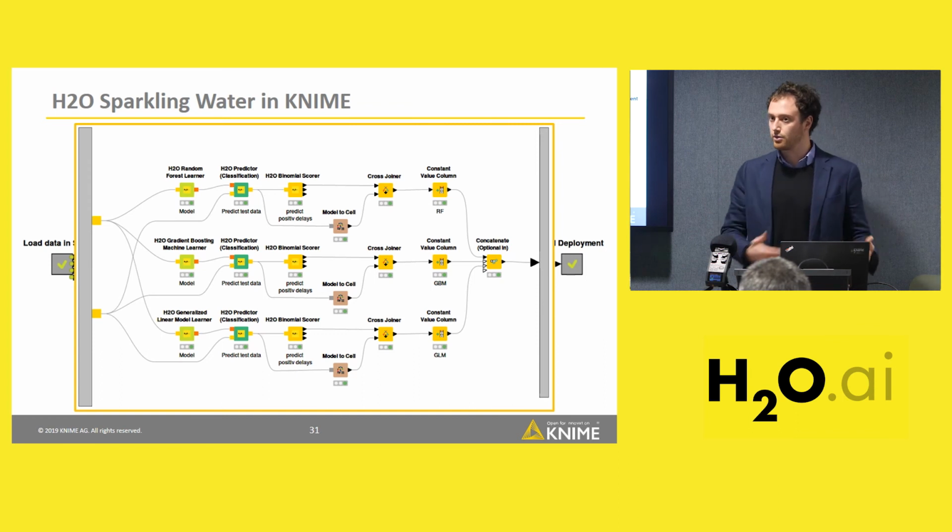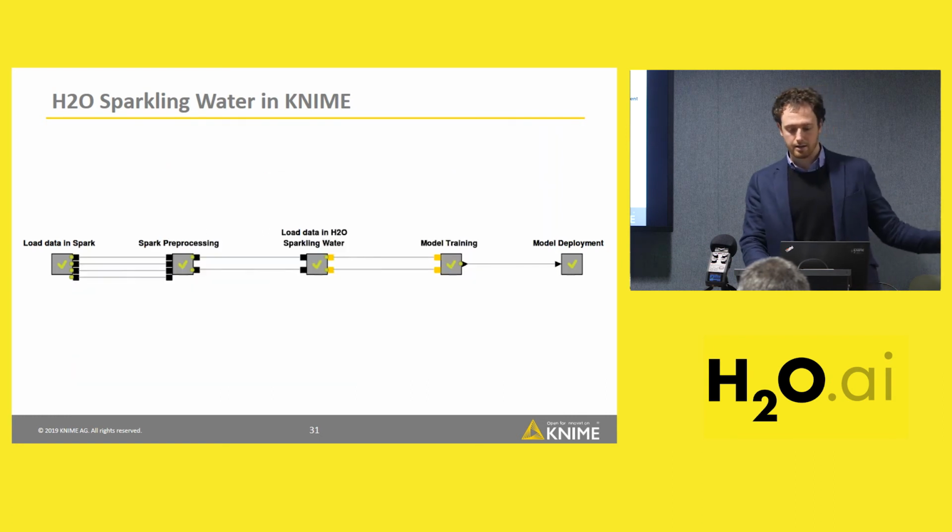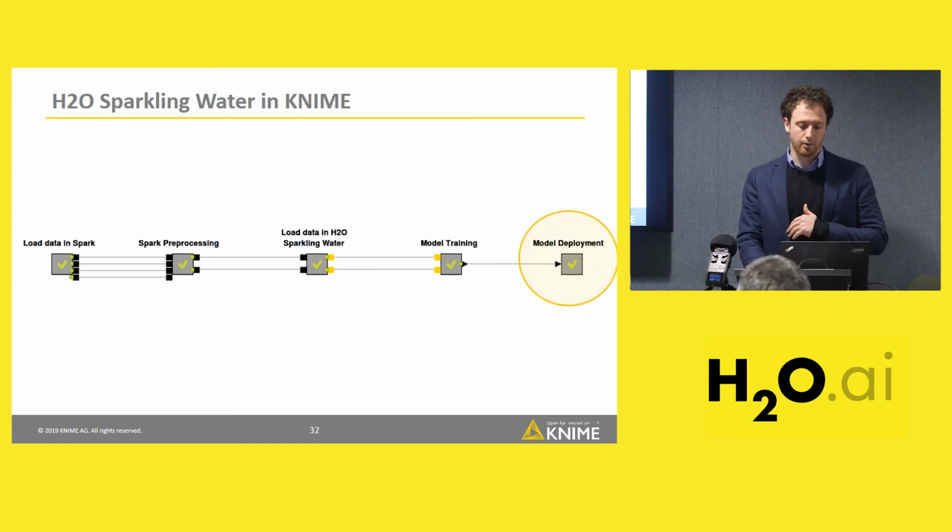We don't need to think too much. Like, as long as we have a right sparkling water connection and a good Spark context, it's going to work. So that's the training that will come up really fast thanks to the H2O system. And then finally we select a model and then we deploy it.